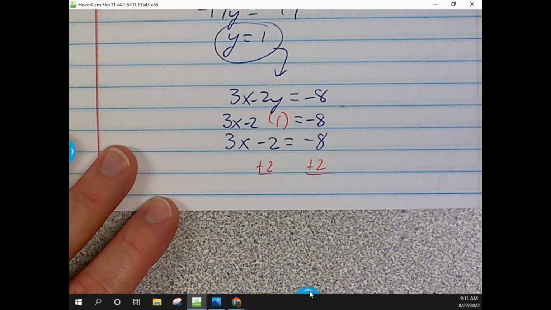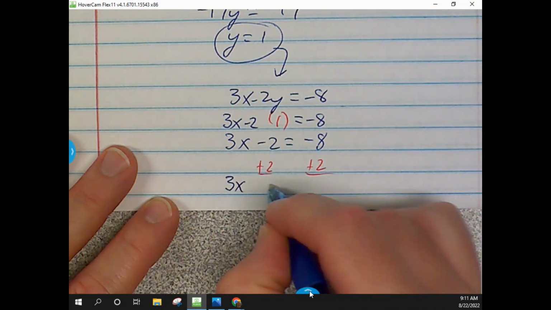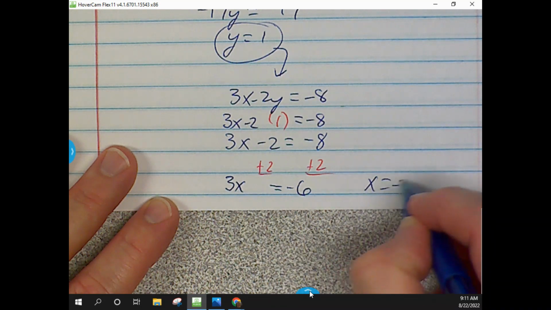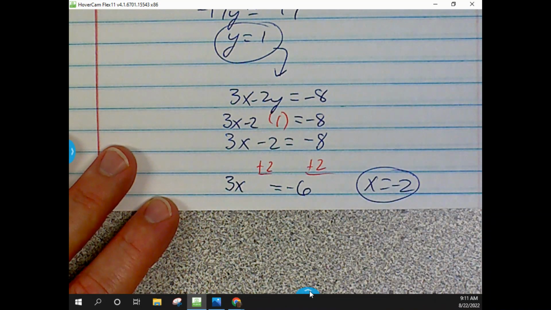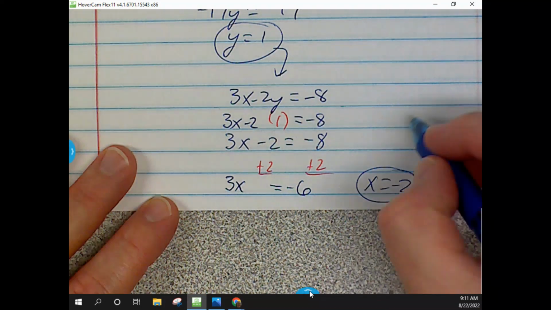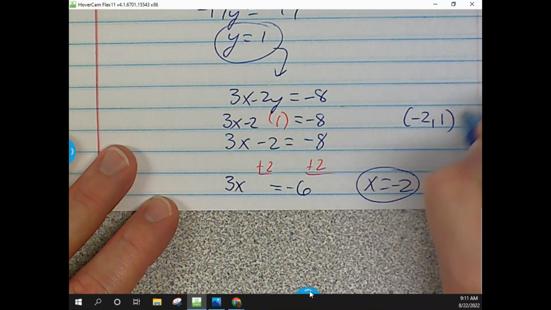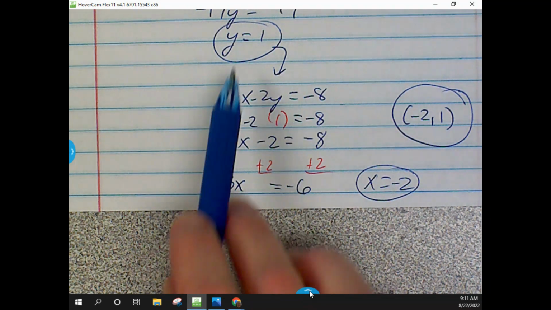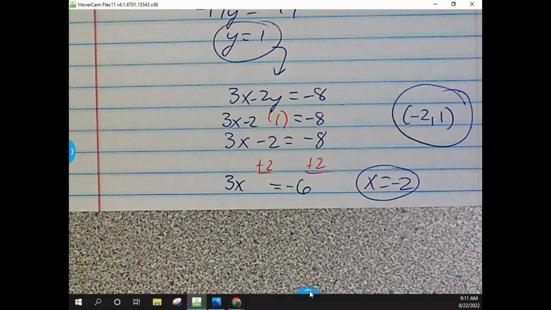Add 2 to both sides. And then finally we get to divide by 3 here, so then x would equal -2. Okay, so the ordered pair answer is -2, 1. Again, if it's MyMathLab, they'll probably give you blanks for each of those, so you don't necessarily have to put it in ordered pair.